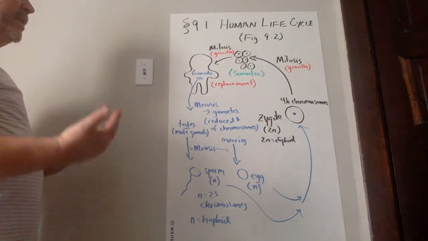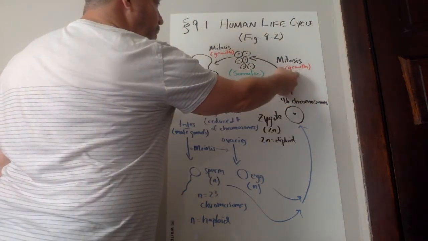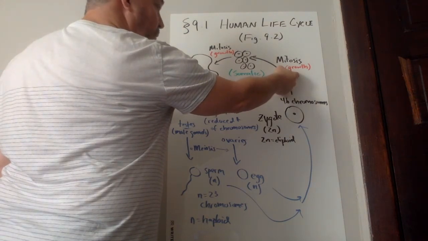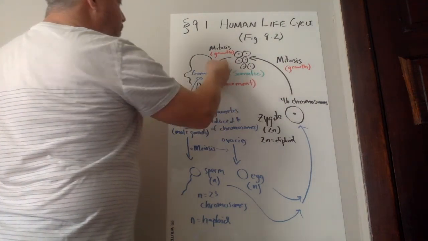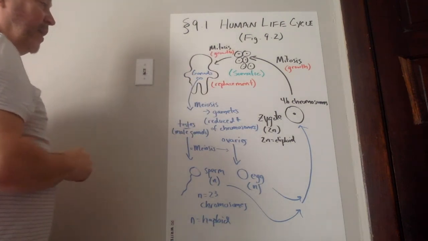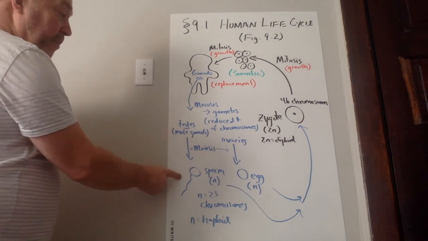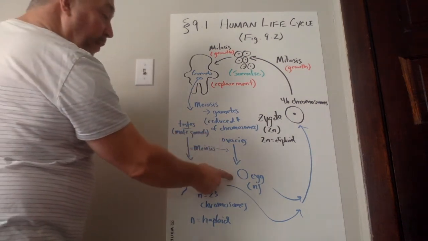This is why it's considered a cycle. We're going to keep going around. That new zygote will undergo mitosis, producing growth, producing more growth till we get an adult. At some point, some very specialized cells within that will undergo meiosis. If you're in the testes, they will produce sperm. If you're in the ovaries, they will produce eggs.